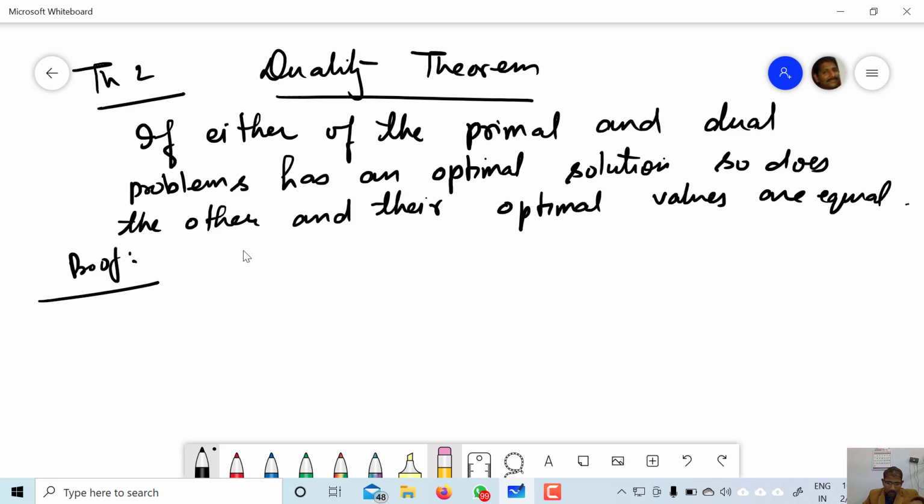Proof. First of all, we have to proceed by taking an optimal solution, because the statement is saying that there must be an optimal solution.